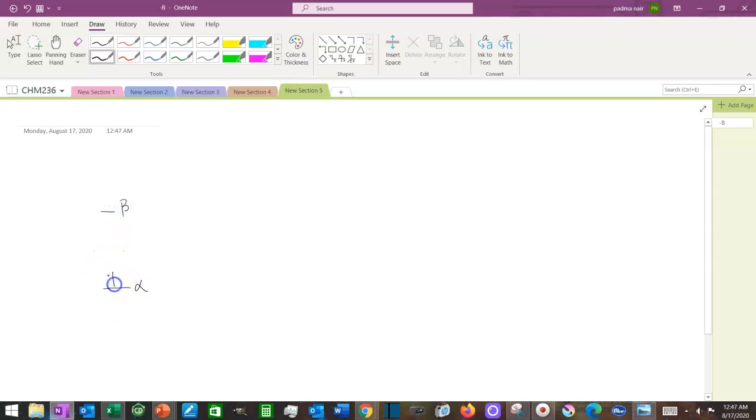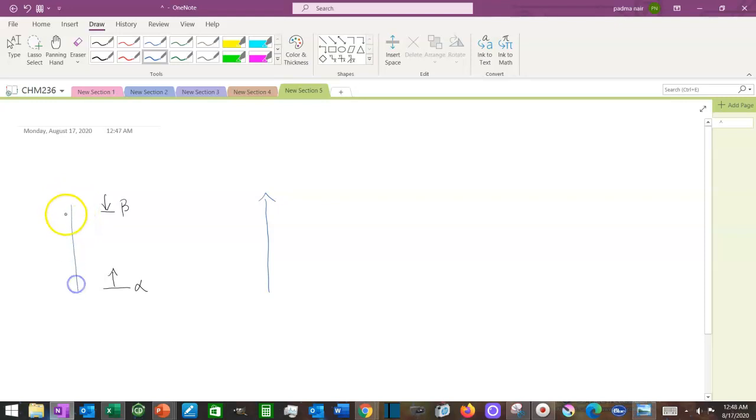Remember, the alpha is the lower energy one and the beta is the higher energy one. The one that aligns parallel to the external magnetic field is lower in energy, and the one that aligns against the external magnetic field is higher in energy.